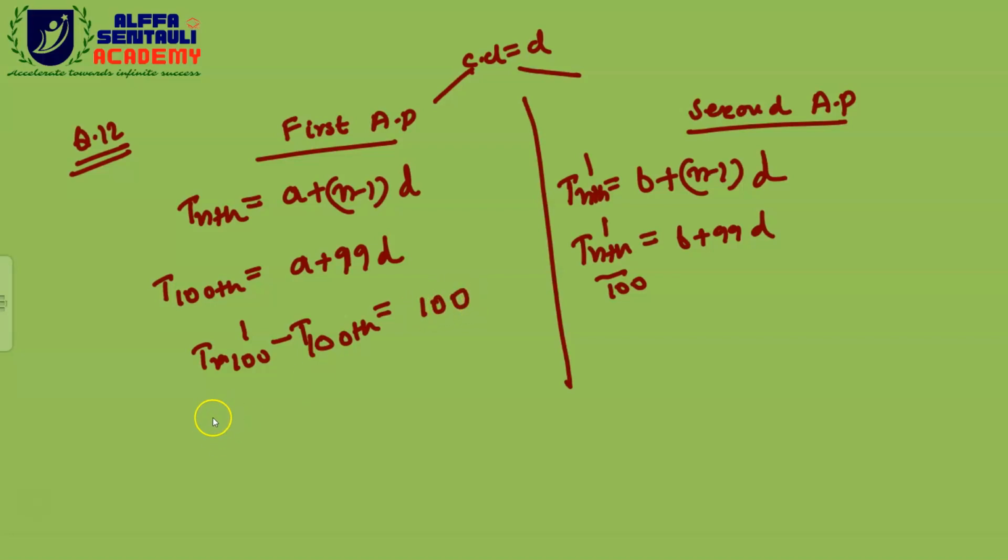So if you subtract b plus 99d minus a plus 99d, you will get 100.